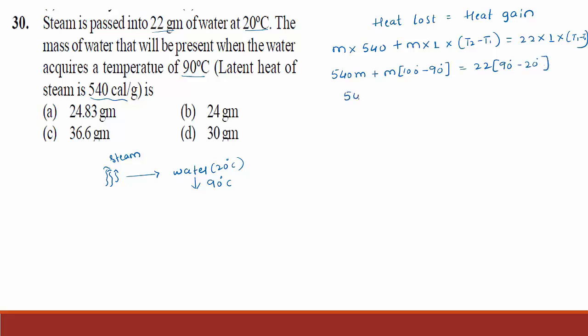So we can write 540 m plus 100 minus 90, that is 10 m, is equal to 22 into 90 minus 20, which will be 70 degrees Celsius.